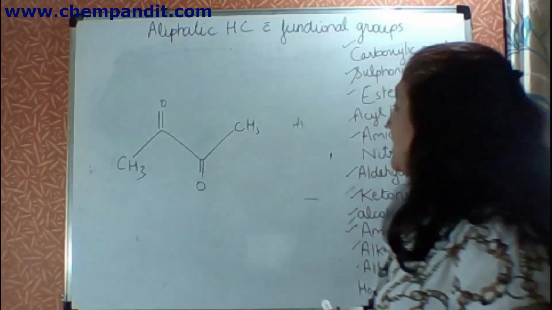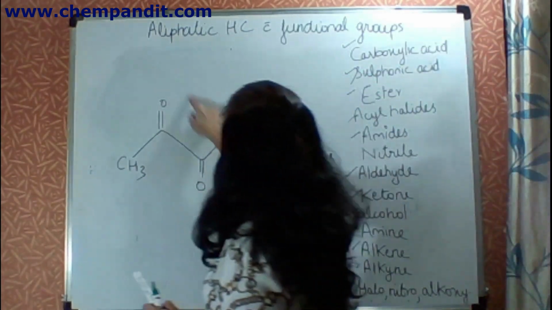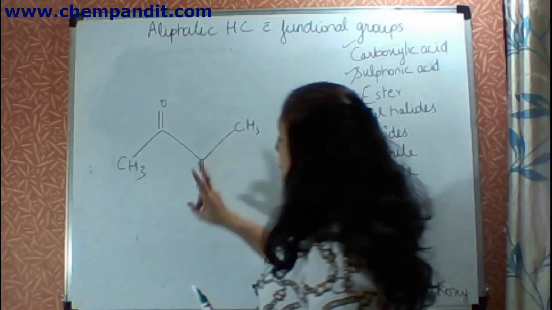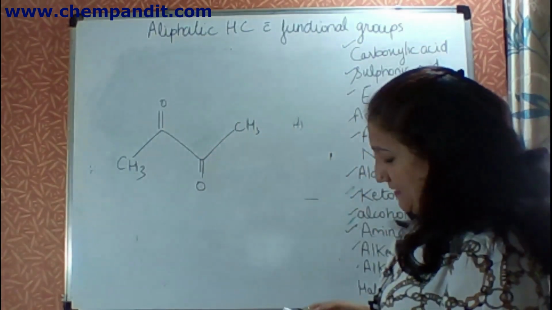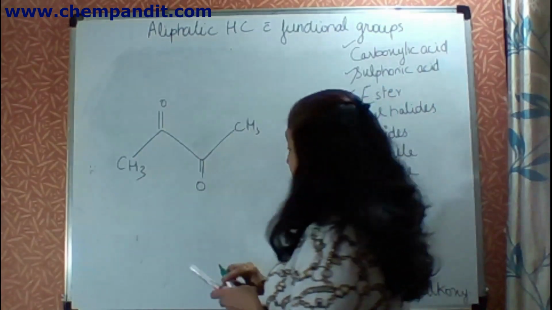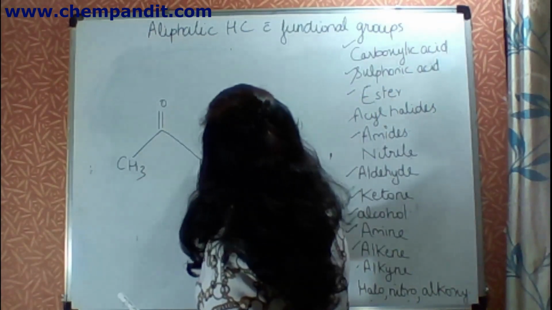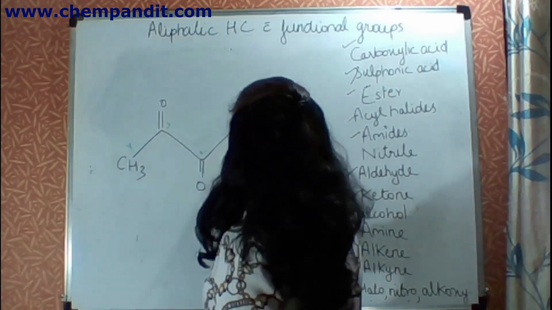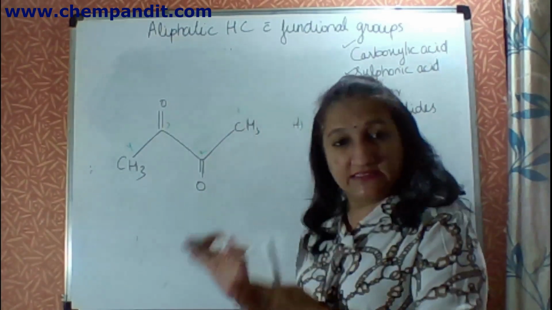Now this compound contains two ketonic groups, as you can see. C double bond O, C double bond O, two ketonic groups. Numbering, if you begin from this side 1, 2, 3, 4, or from this side 1, 2, 3, 4, it's one and the same thing in this case.